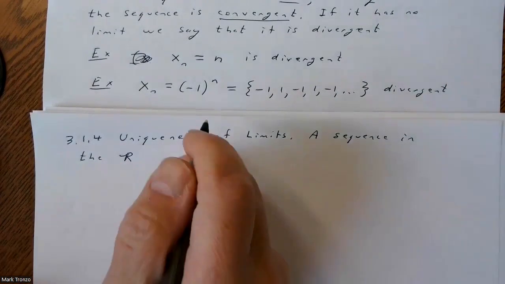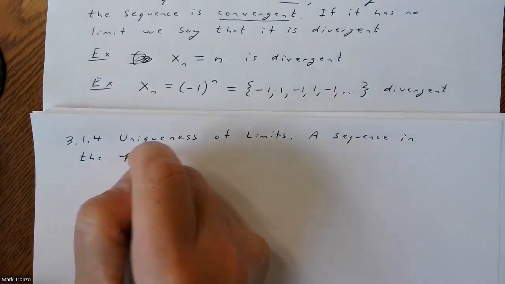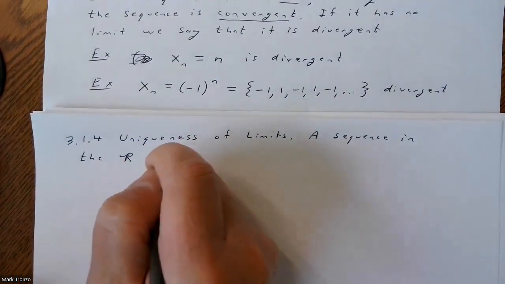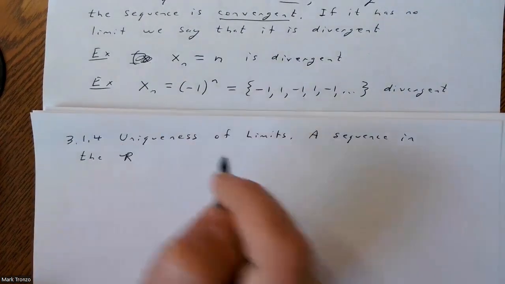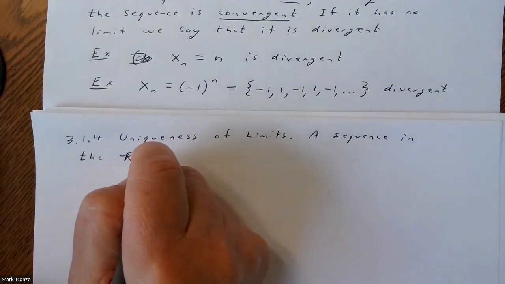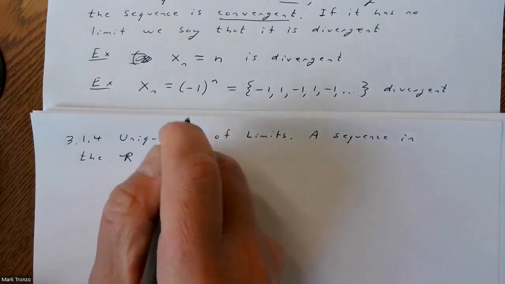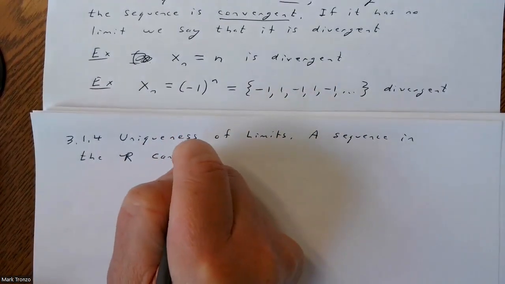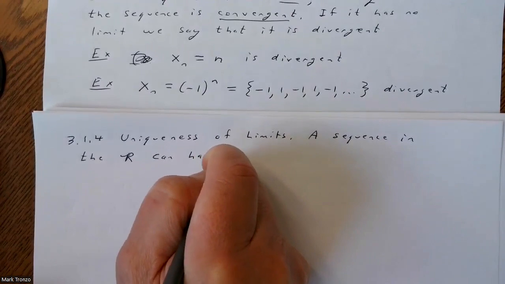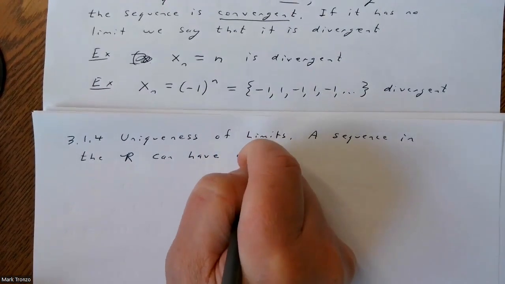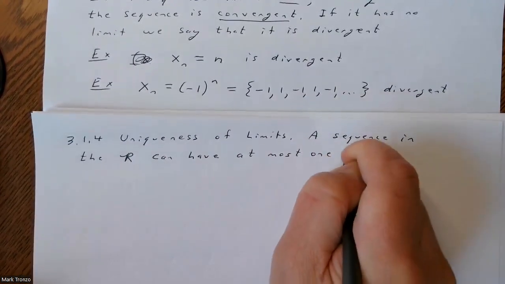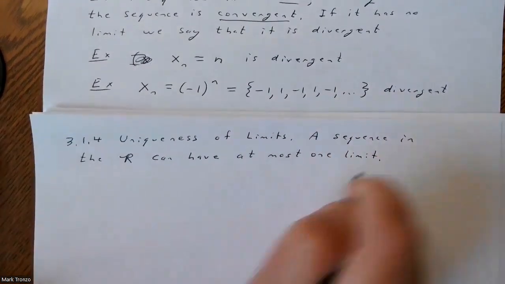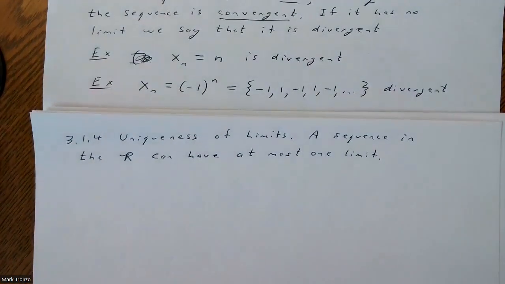And I think the reason we specify that the codomain is the reals, or say a sequence in the reals, is because I suppose you could have sequences in other things. I'm not sure you could really have them in complex numbers. I guess you do in some way, but in any case, everything we're going to be dealing with is the real numbers, which have at most one limit. So if the limit exists, there is only one limit.